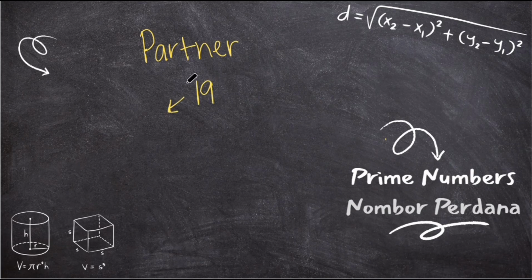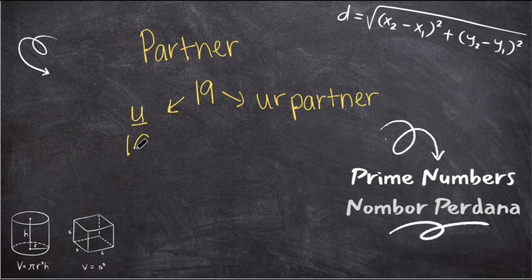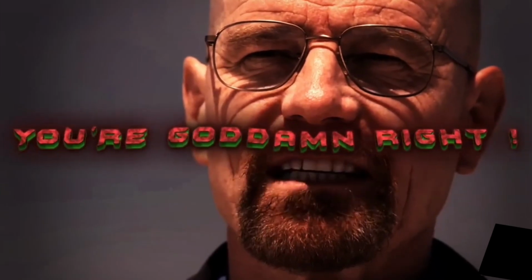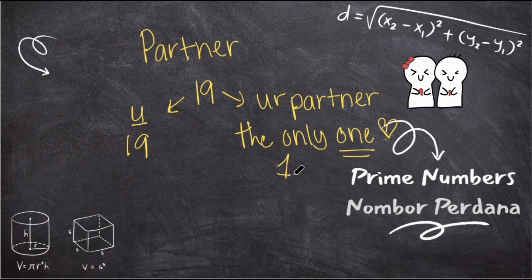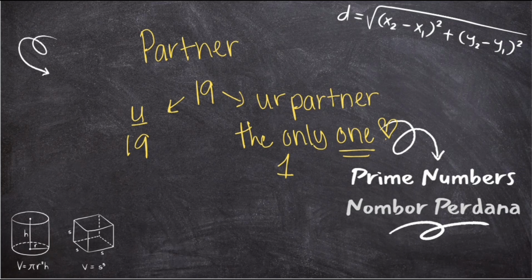So, partner means you and your partner, right? So, you, yourself, number 19. Your partner should be the only one, right? You're goddamn right. So, there is 1 in there, the only one. So, the number is 1.